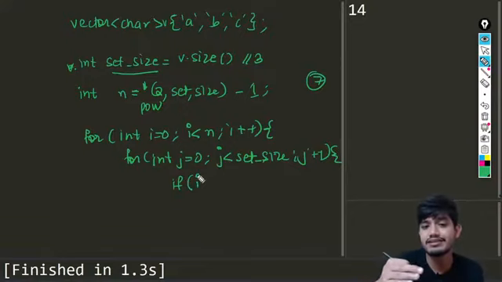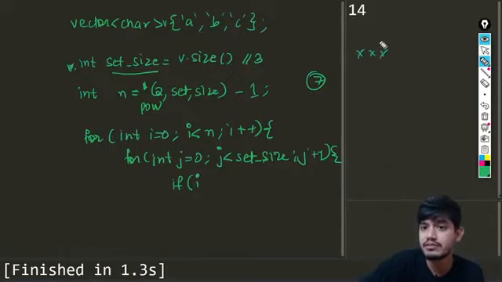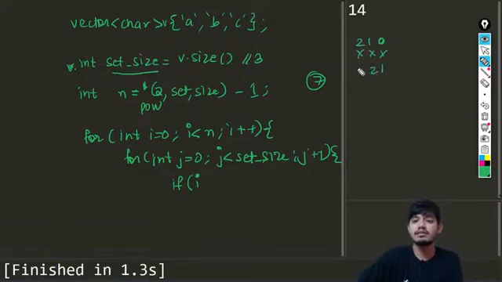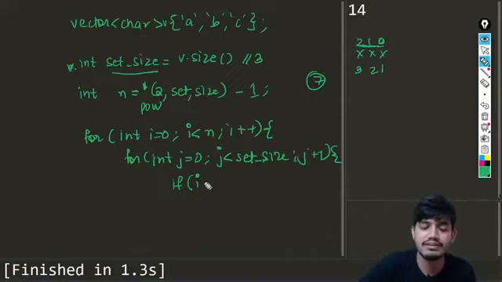Suppose this is x x x, so this is the 0th bit, this is the first bit, and this is the second bit. In the example we have seen this is first, second, third, but I'm just taking 0, 1, 2 here. So how will we check whether the 0th, first or second bit is set or not?